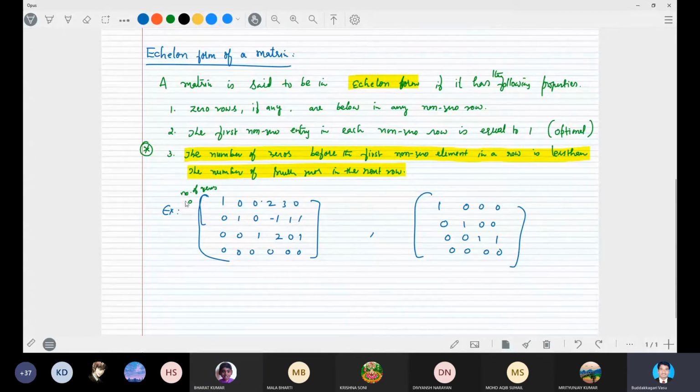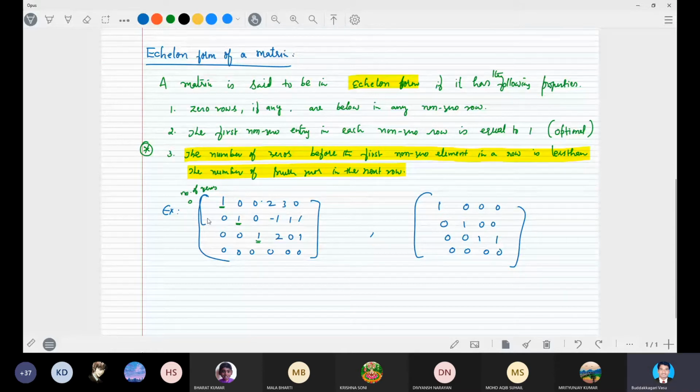Before the first non-zero entry, row-wise, you write it. You find out the number of zeros appearing before the first non-zero entry. In the first row, no zeros, 0. Next, in the second row, how many such zeros are there before the non-zero entry? 1.